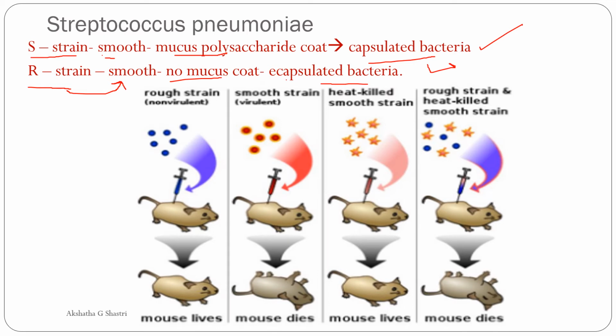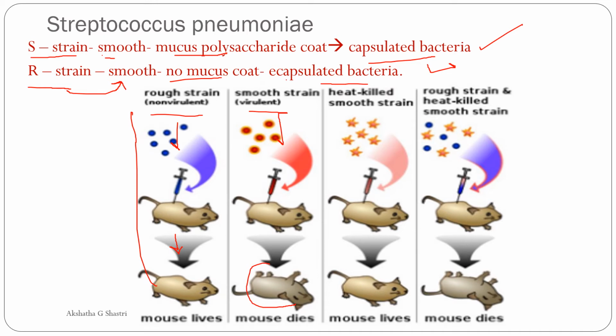Now let us look at Griffith's experiment. What he did first, he injected the R strain into the mice, and he found that the mouse lived. In the second case, he injected the virulent smooth strain into the mice, and he found out that the mouse died.